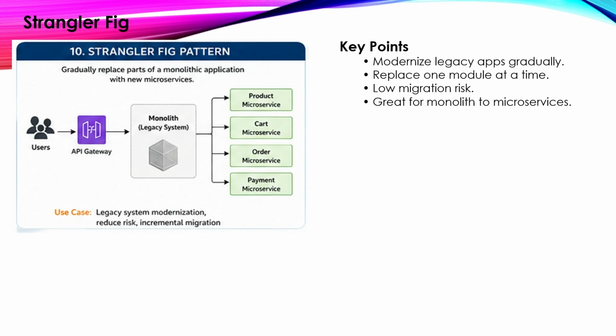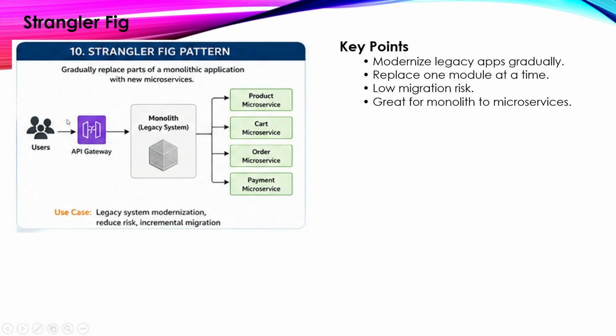Replacing everything at once is risky. Instead, they gradually replace one module at a time. Today, they modernize authentication. Next day, they modernize payments. Then inventory. Eventually, the old system disappears completely. That's the Strangler Fig pattern. It's one of the safest ways to modernize your enterprise application.